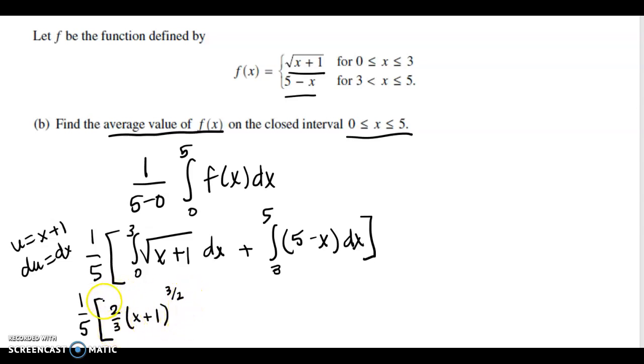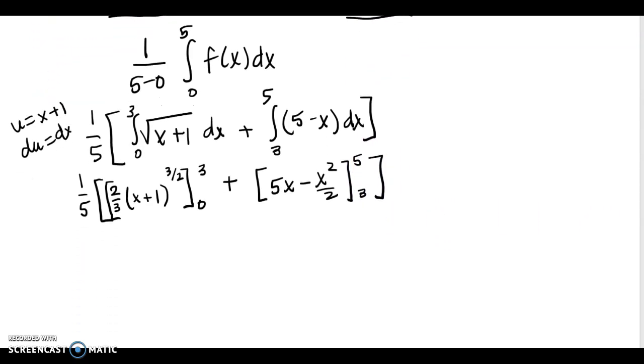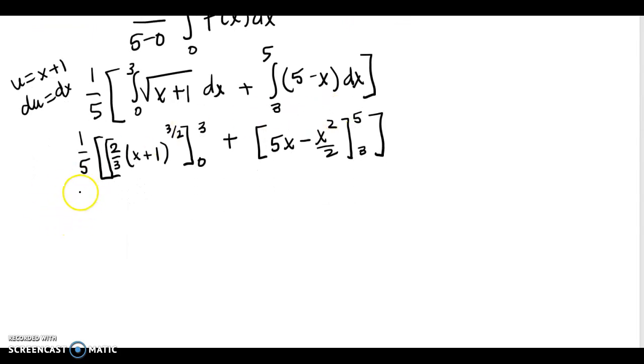And if you're not sure about that, remember you can take the derivative and see how we would get square root of x plus 1. I'm evaluating that from 0 to 3. And for my second one, I have 5x minus x squared over 2 from 3 to 5. We're not quite done yet. We need to actually simplify or plug in.